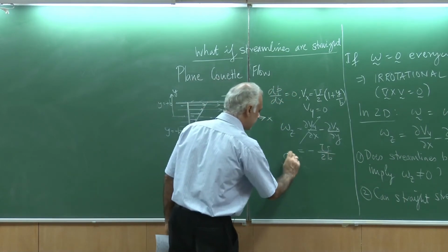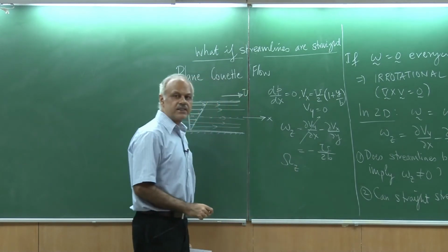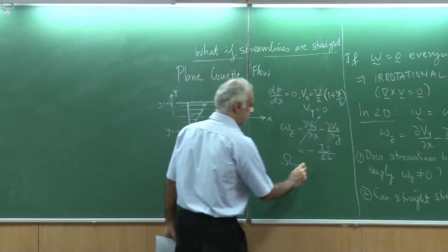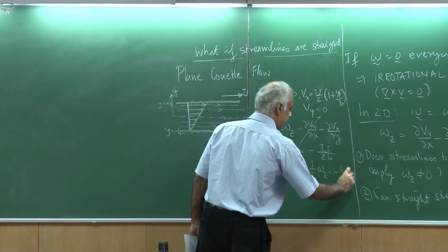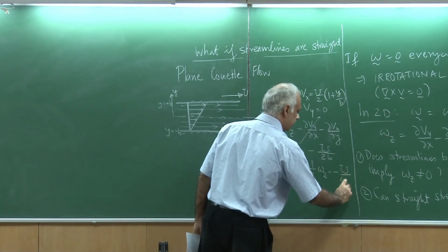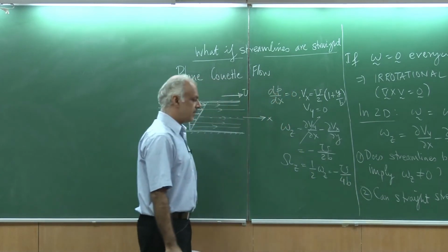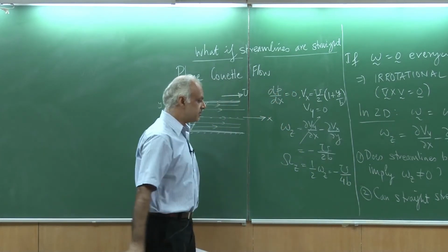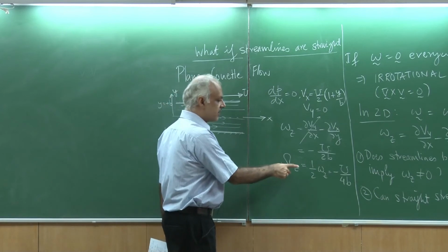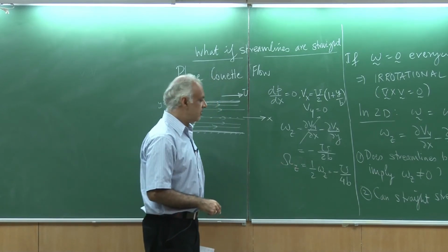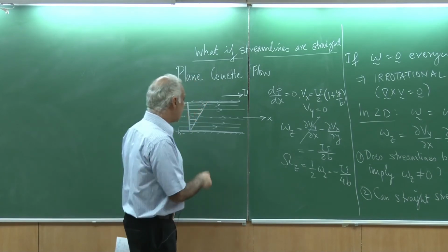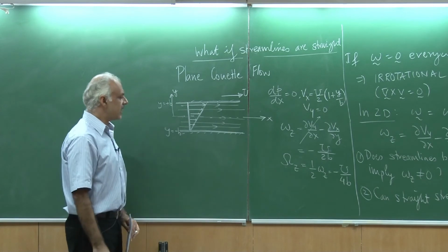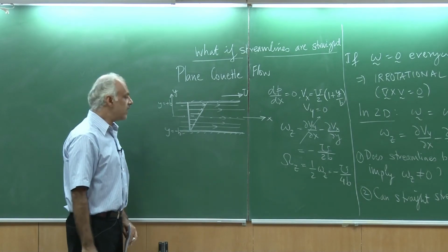So if I look at the rotation of the fluid elements, that would be half of omega z, and that would be minus u over 4b. The expression tells me that the rotation rate is negative, which means it is clockwise. Counterclockwise is positive.